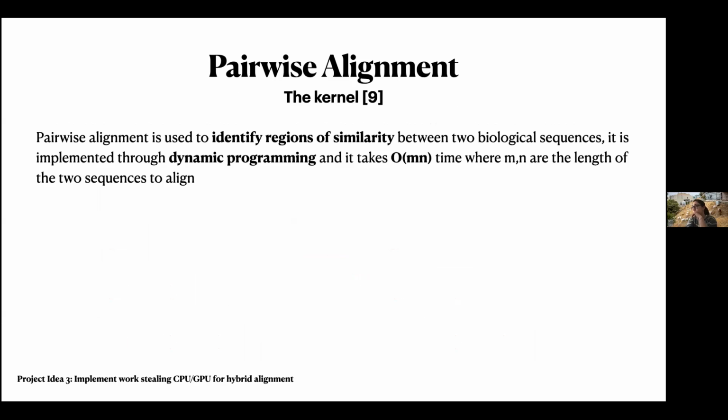So basically, pairwise alignment is used to find similarity between two reads, and it uses a dynamic programming algorithm that takes O(MN) time, where M and N are the lengths of the two sequences involved in the alignment.